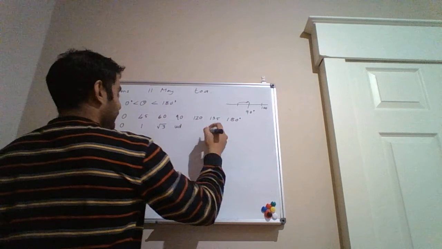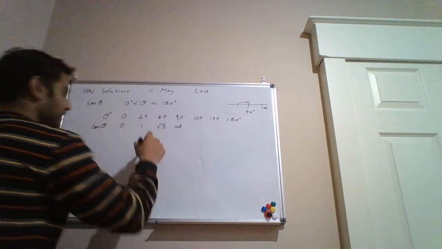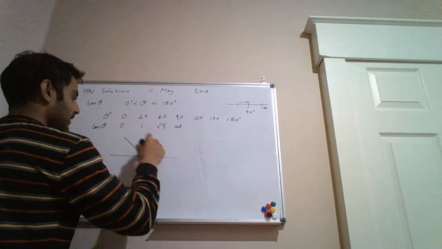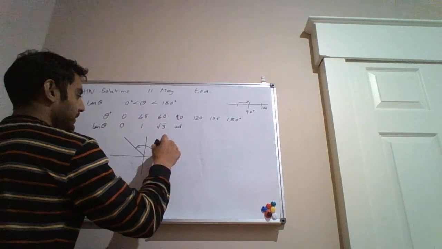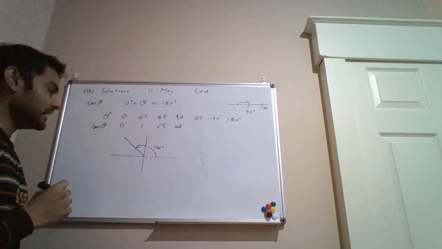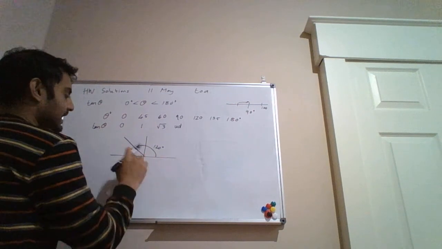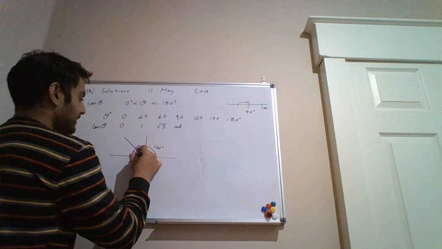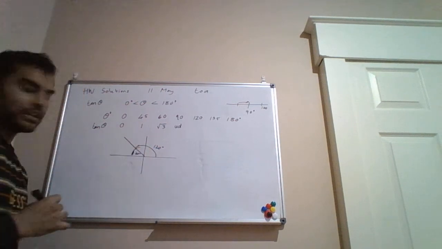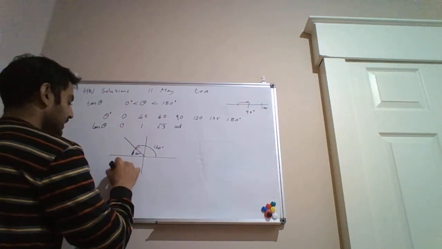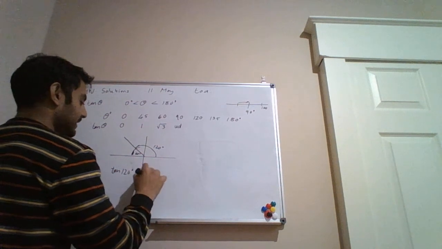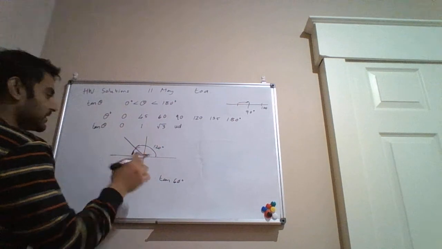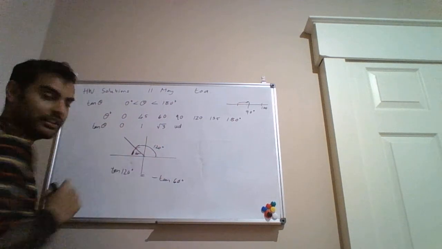Then we have 120. Let's look at 120 in terms of quadrants. We're in the second quadrant at 120 degrees, and the acute angle which this relates to is 60 degrees. So in other words, tan of 120 degrees is the same as tan of 60 degrees, but our sign is negative.